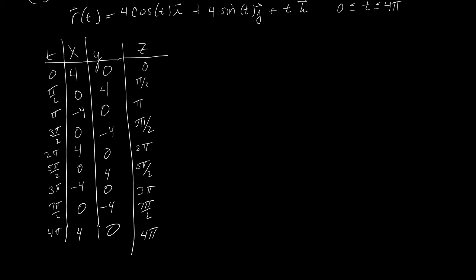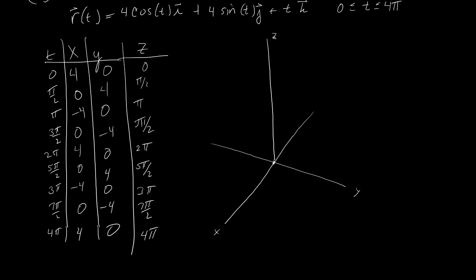Okay, now if we're going to sketch this graph, we're going to need to do it in 3 dimensions. So let's give it a shot here. Just for the sake of being able to look at this better, I am going to draw the z-axis straight up as per usual, but I'm going to draw the x and y axes at slight angles. So now we can see.